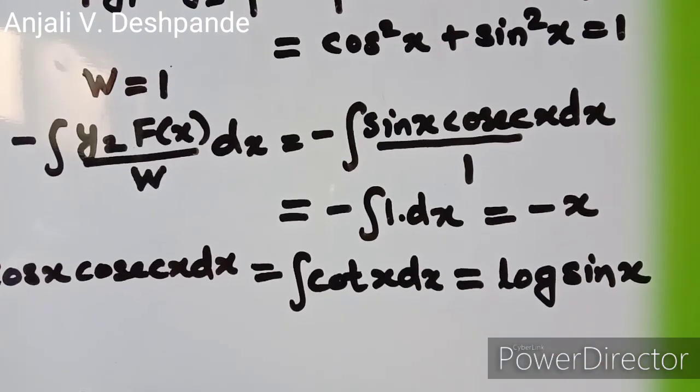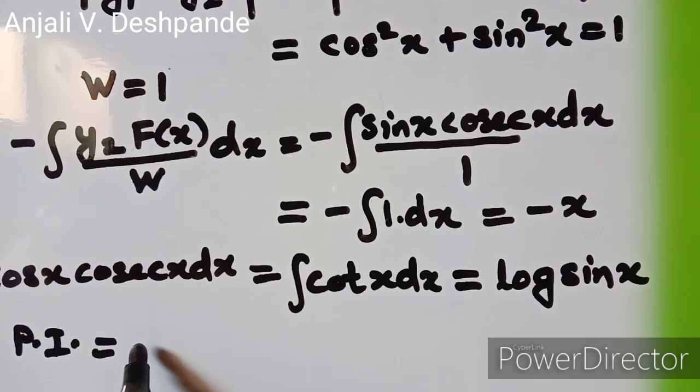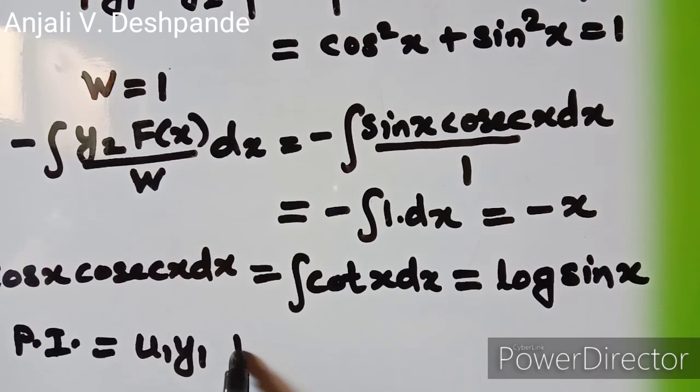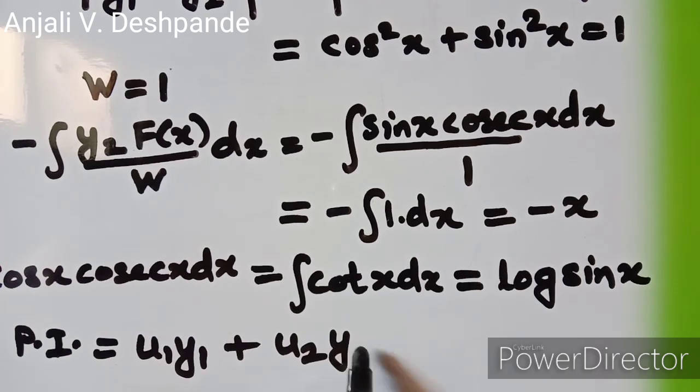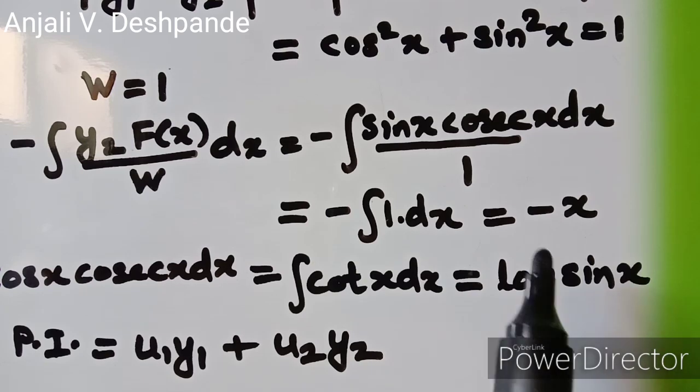And now we are going to find the PI. PI is equal to u1 y1 plus u2 y2. Over here we have found u1 is equal to minus x, so minus x cos x, plus u2, which we found as log sin x, into y2, which is sin x.